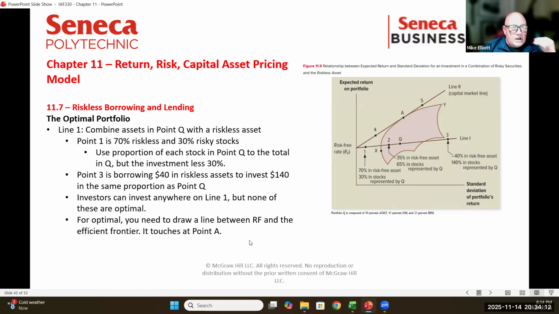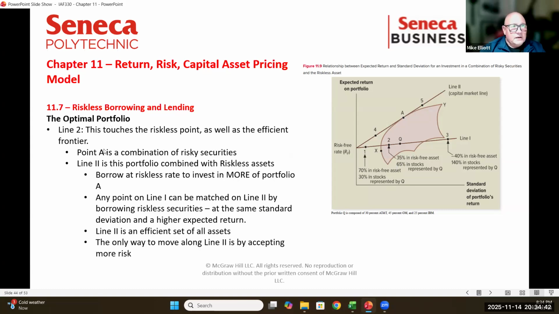And then for the optimal line, the risk-free line is redrawn to touch point A. Point A is the efficient frontier of our portfolio where we want to get to. And this is the only point where our capital markets line, line 2, which we just created, touches our efficient frontier. So it touches the riskless point as well as the efficient frontier at point A.